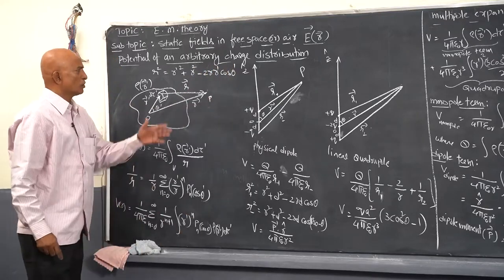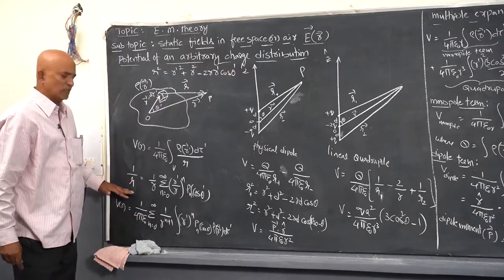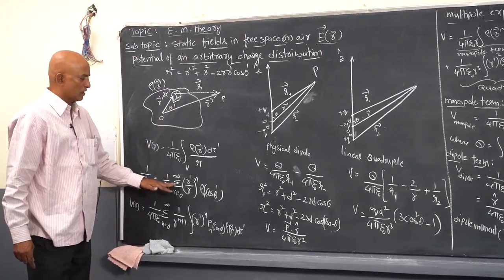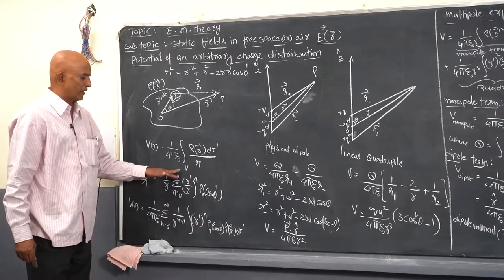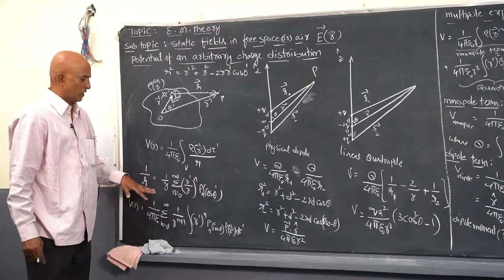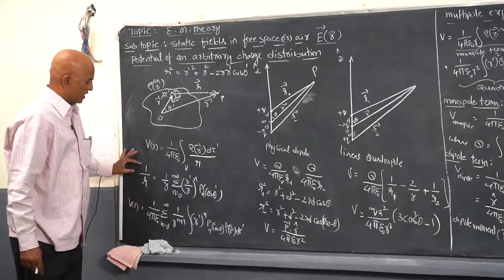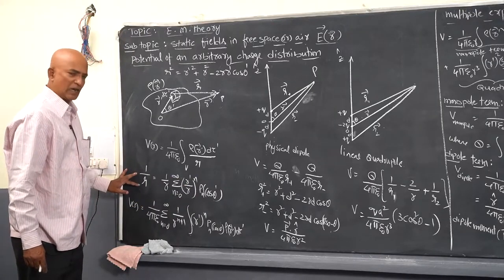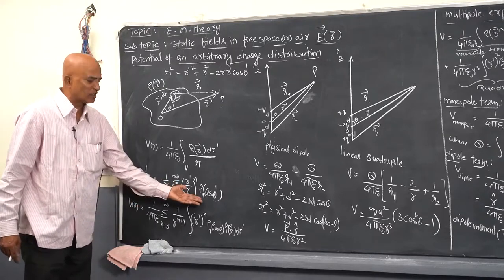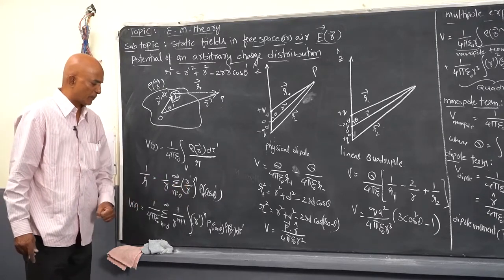Using this, 1 by script r becomes 1 by r into sigma n equal to 0 to infinity, r prime by r whole power n, into Pn of cos theta prime. That means 1 by script r acts like a generating function for these Legendre polynomials Pn of cos theta prime.